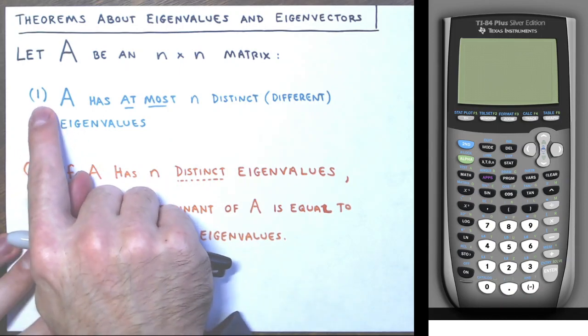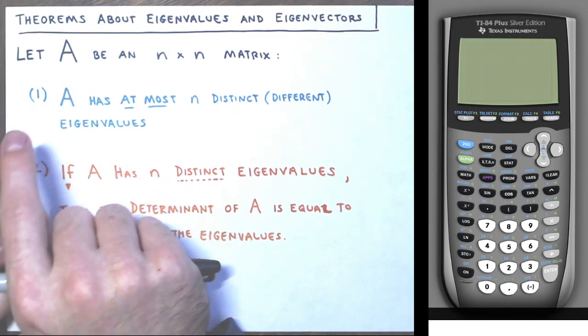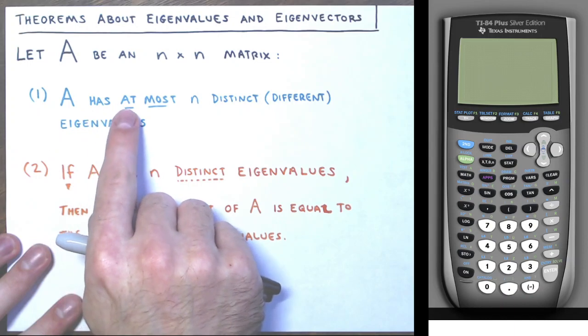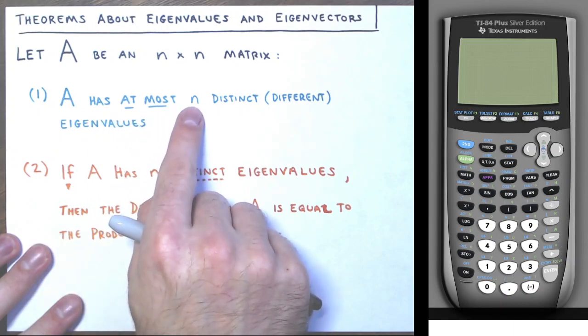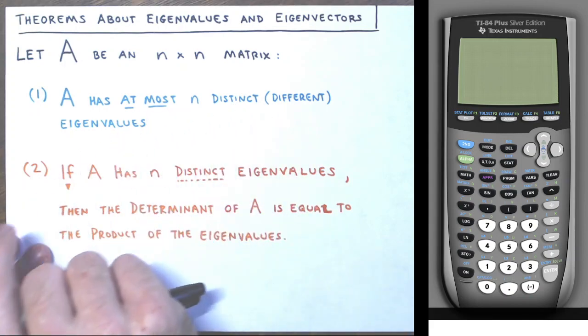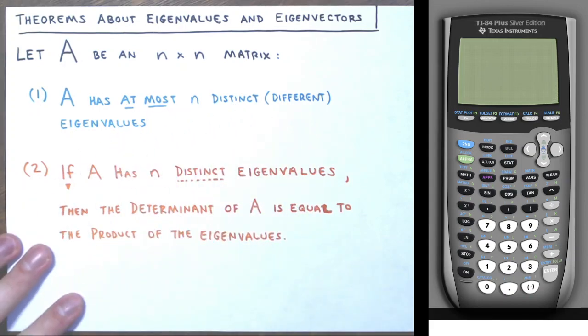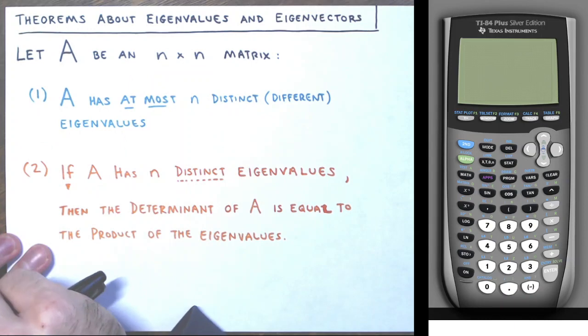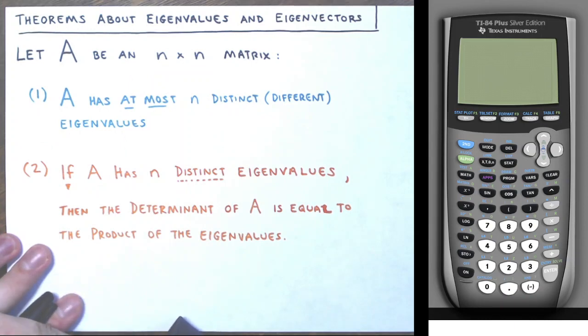The first statement that can be proven true about a square matrix is this: A has at most n distinct, or different, eigenvalues. So a 2x2 matrix will have at most 2 different eigenvalues.